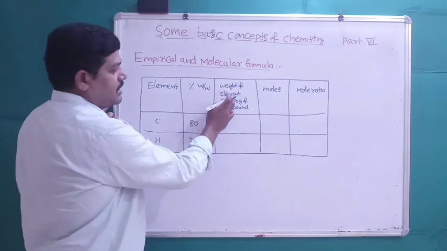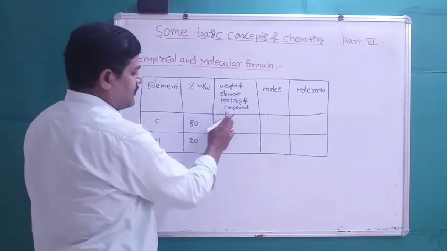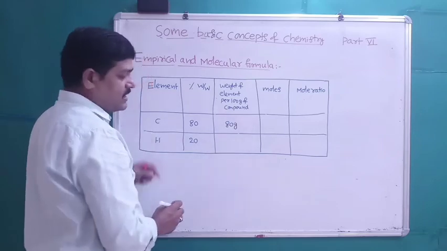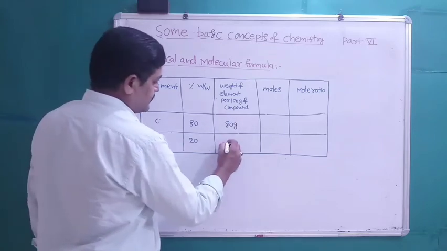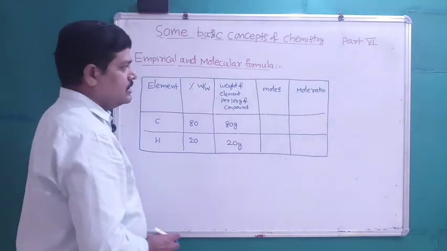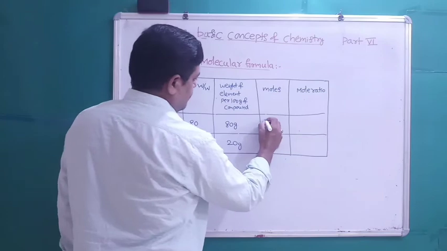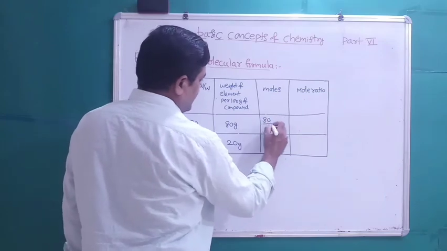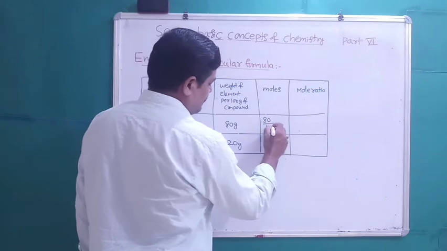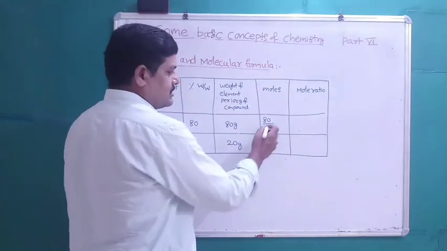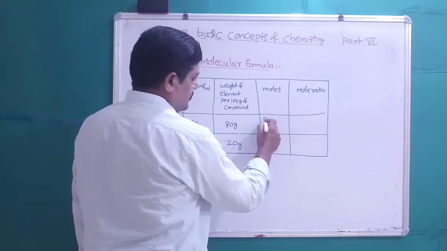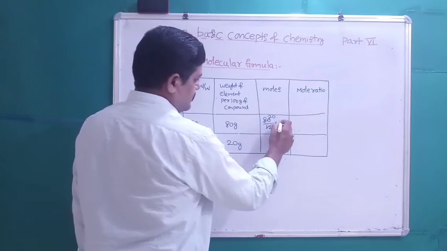So the weight of the element per 100 gram of compound: when the percentage is 80, it becomes 80 grams. For hydrogen, that is 20 grams, right? So moles: that weight 80 divided by the atomic weight of carbon, which is 12. Let us simplify this. 4 3s are 12, 4 2s are 8, 0, 20 divided by 3.